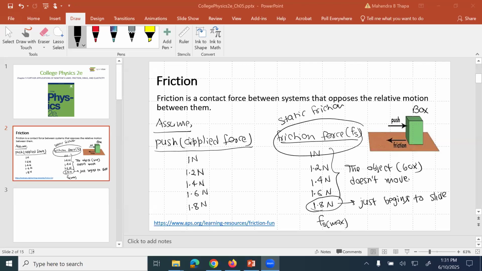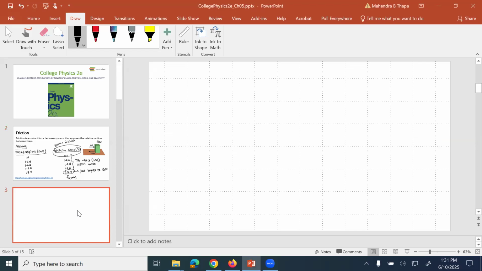Let's draw the force diagram of this situation. The object, or the box, is represented by a dot. The perpendicular force exerted by the surface is Fn. The force due to the Earth on the object is Fe, which equals mg.